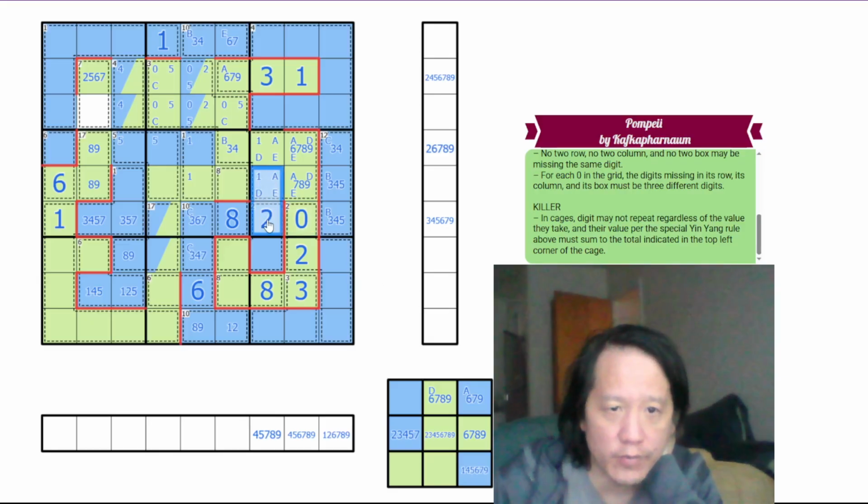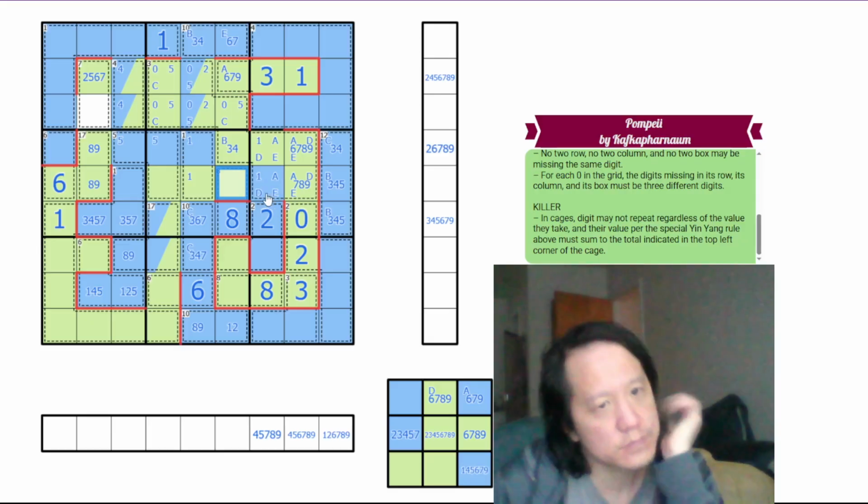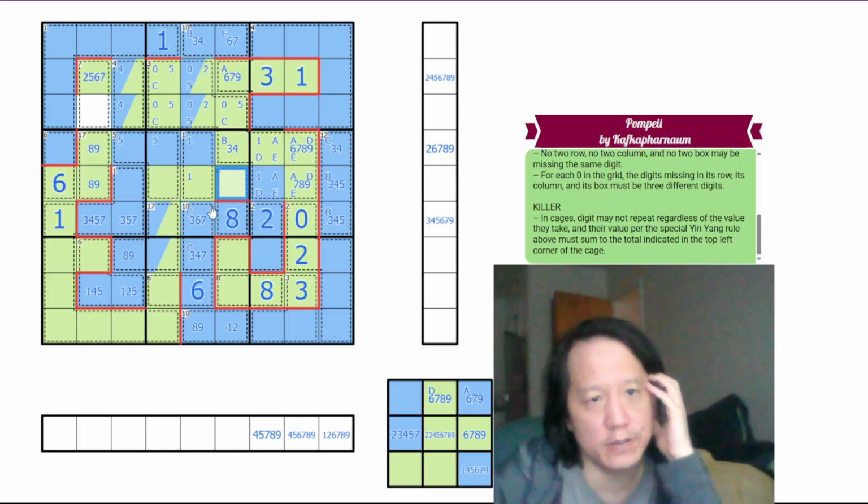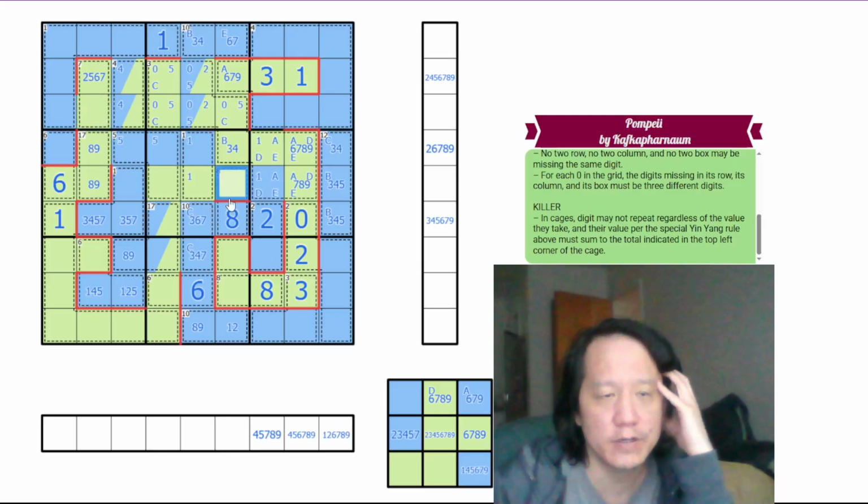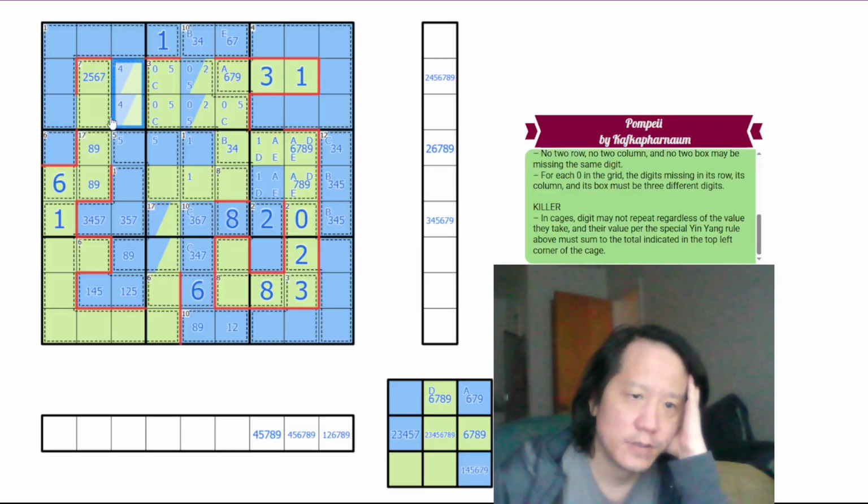So I go that way. That seems fine. Yeah, seems fine. Obviously, you go that way. This would have to be 1, 6, or 2, 5 here.